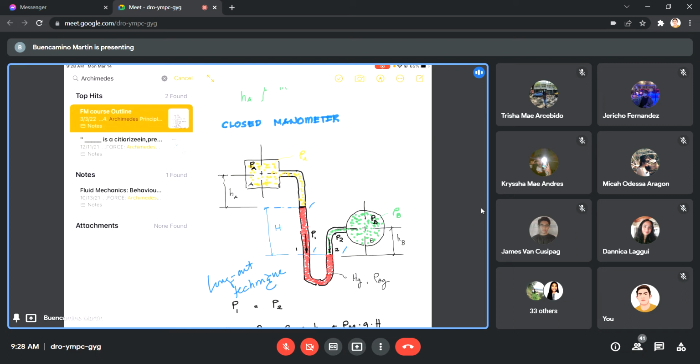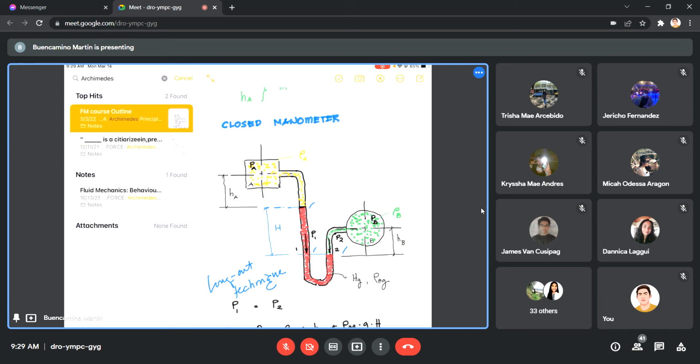So to make this U-tube manometer a closed manometer, both of these legs must be attached to two containers or two vessels. So we can see, class, that we have two vessels in here, vessel A and vessel B.